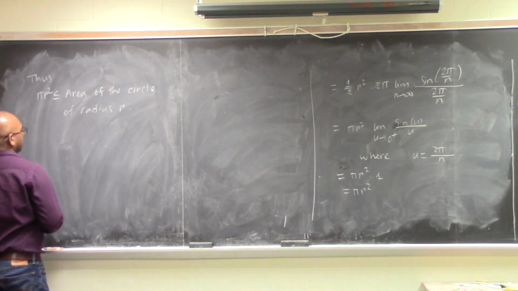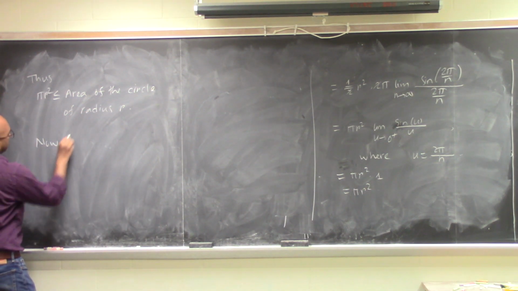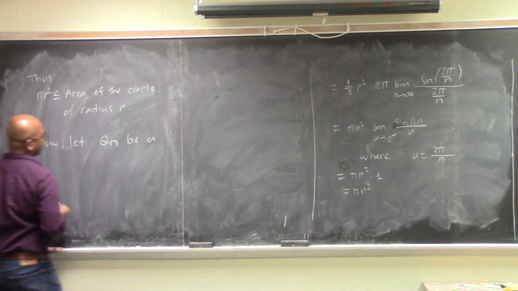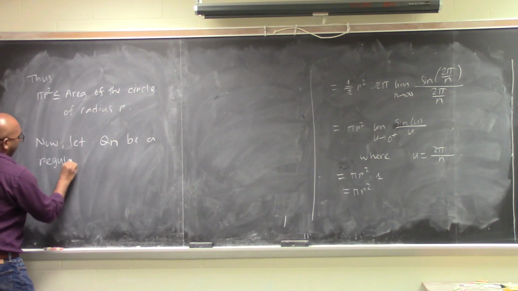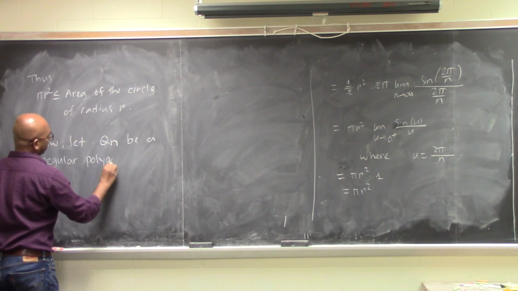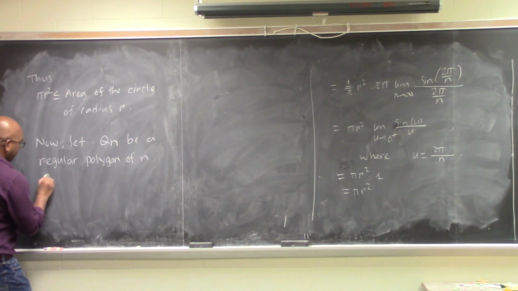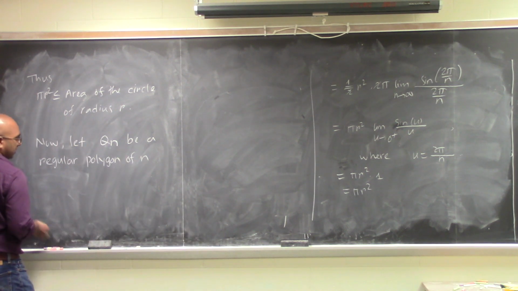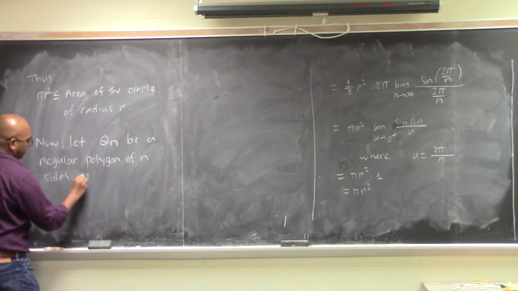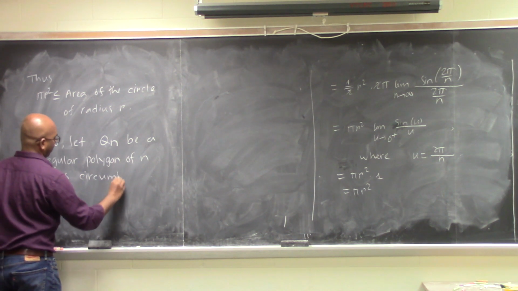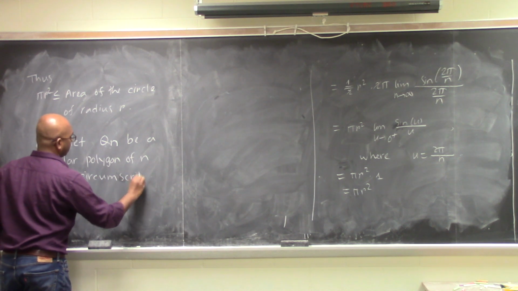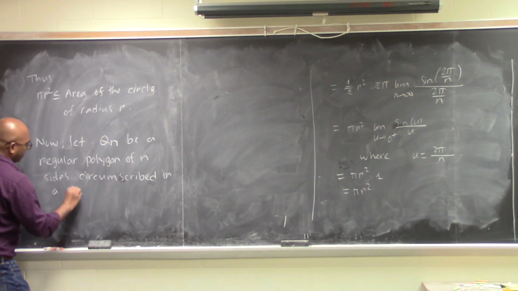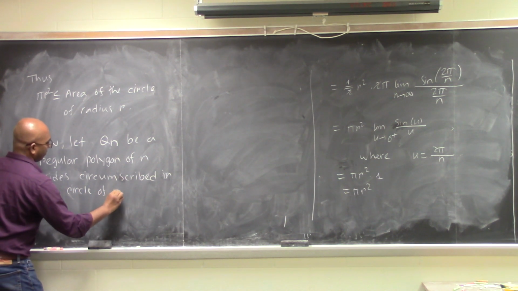Okay, so now let Qn be a regular polygon of n sides circumscribed in a circle of radius r.